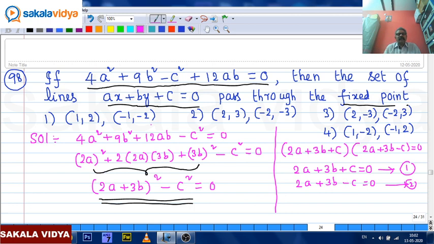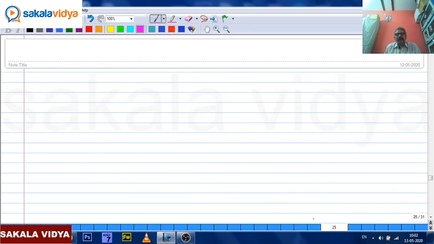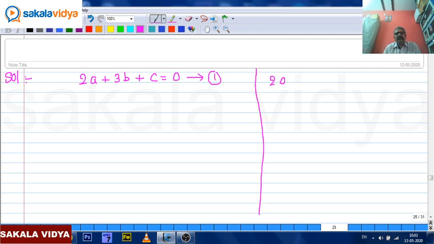Keeping these two conditions, we need to find a fixed point for this line. One condition is 2a plus 3b plus c is equal to 0. The second condition is 2a plus 3b minus c equals 0.